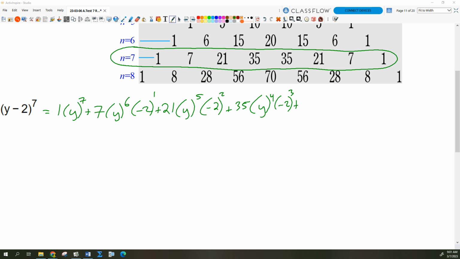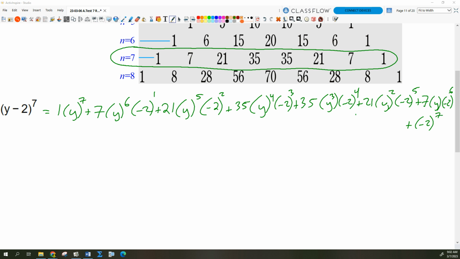Good. Plus, oh my gosh, this is a big one. 35 y cubed negative 2 to the 4th plus 21 y squared negative 2 to the 5th. Yikes. Plus 7 y to the 1 negative 2 to the 6th plus 1 times negative 2 to the 7th, right?